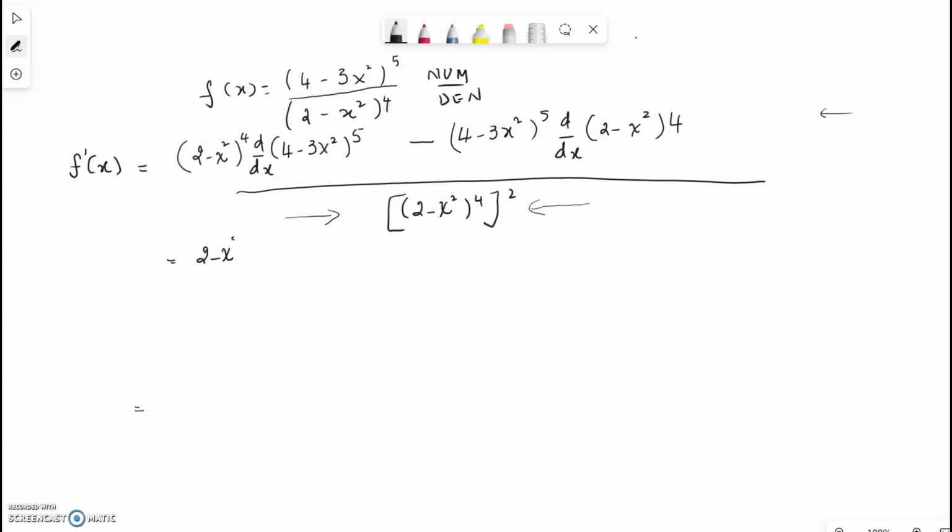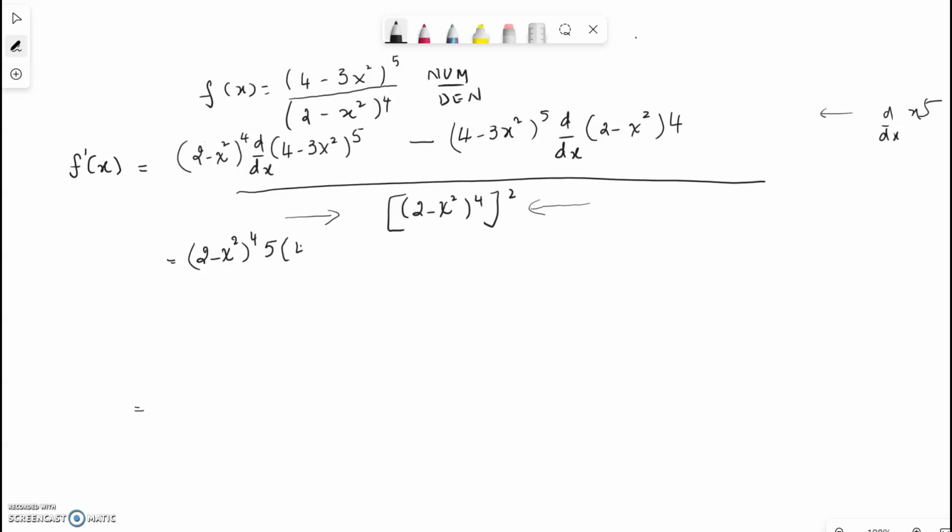The next step is the derivative of 4 minus 3x squared to the 5th power. So it looks like d by dx of x to the 5th, except that instead of x we have f of x.